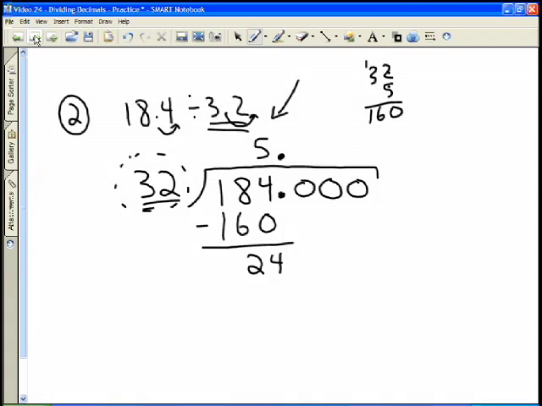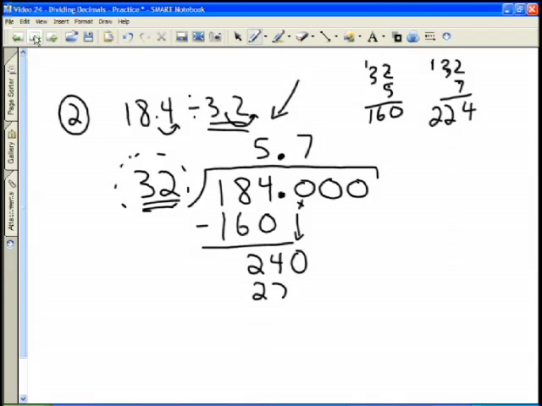Okay, so carrying on then, we carry down the 0, and now we have 240. And 32 into 240, I'll say is 7. And 7 times 32, 2 times 7 is 14. 3 times 7 is 21, plus 1 is 22.